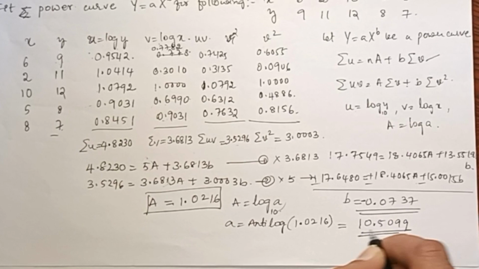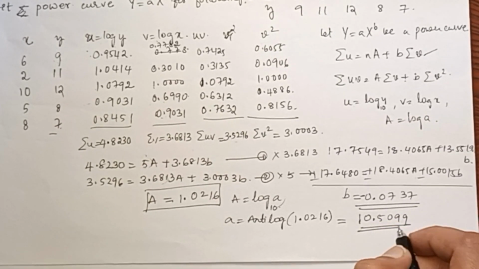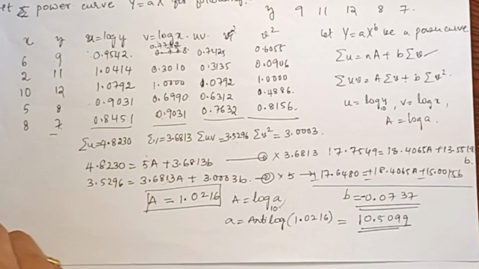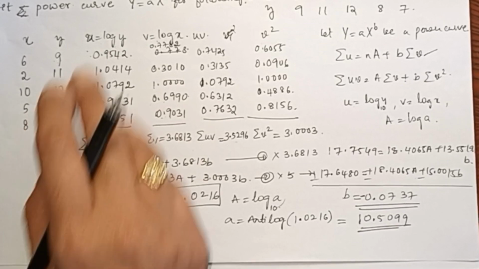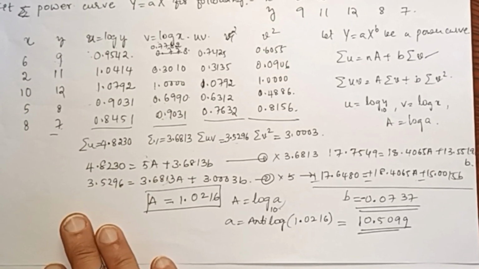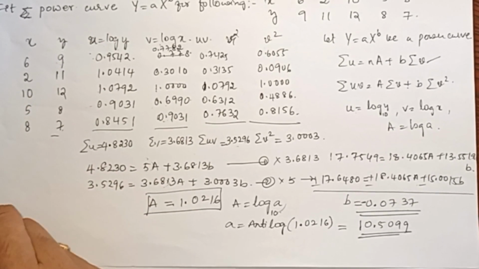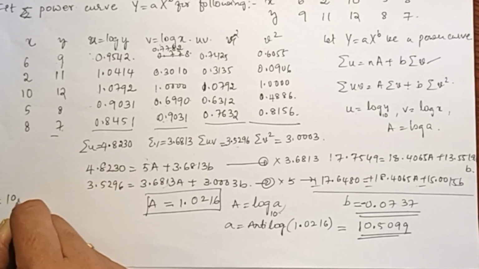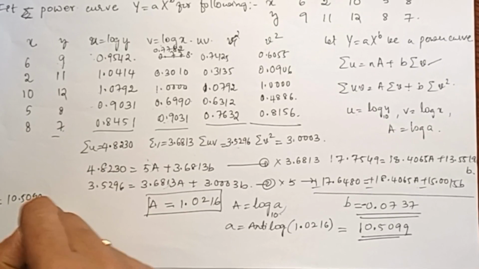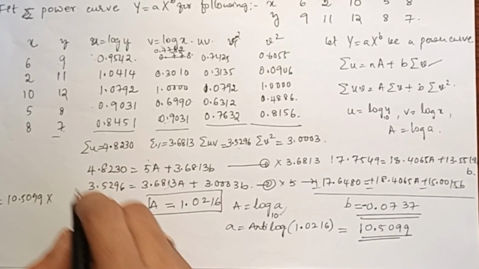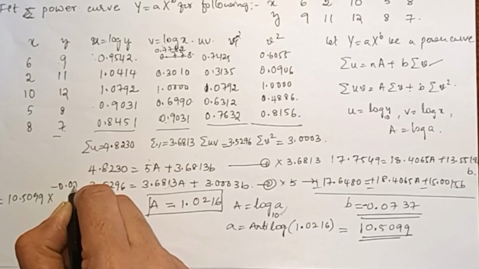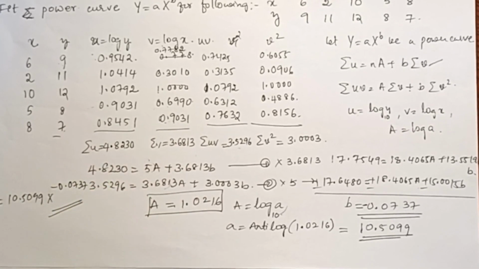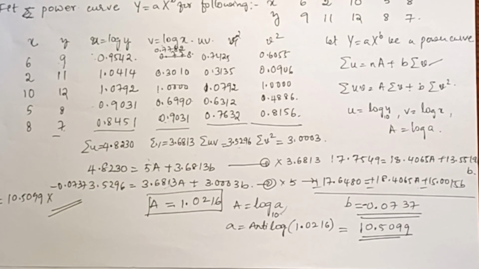So A is 10.5099. B is this value. Therefore, the power curve of best fit for the given data is given by y equal to 10.5099 into x to the power b, which is minus 0.0737. So this is the required curve.